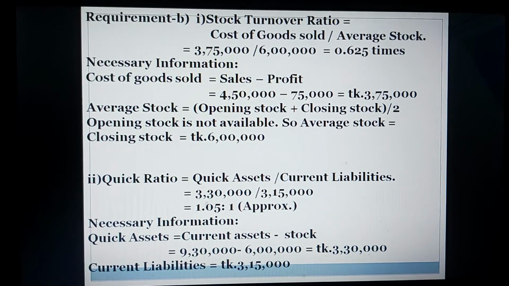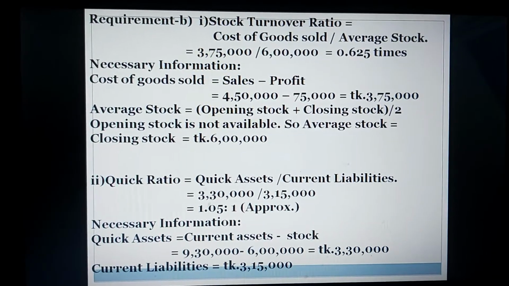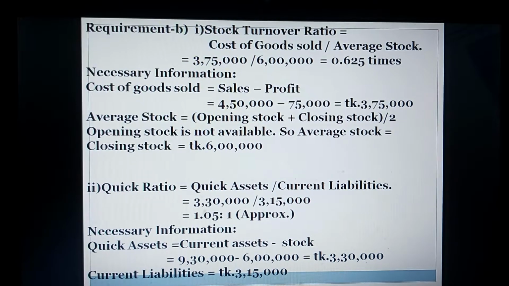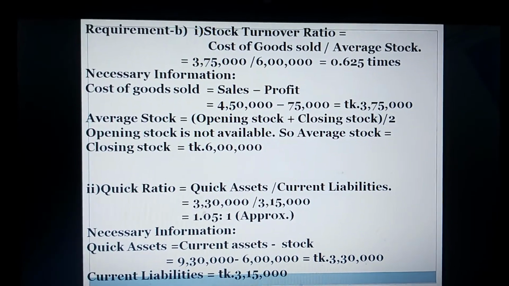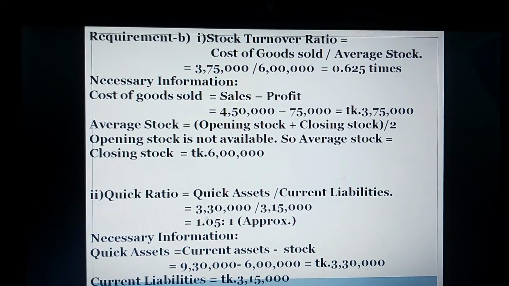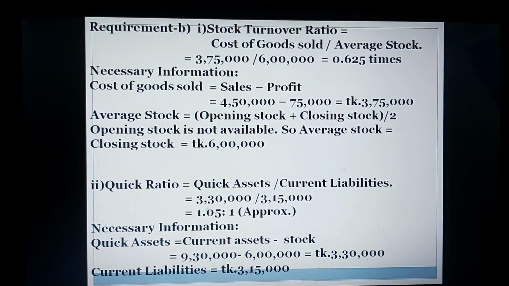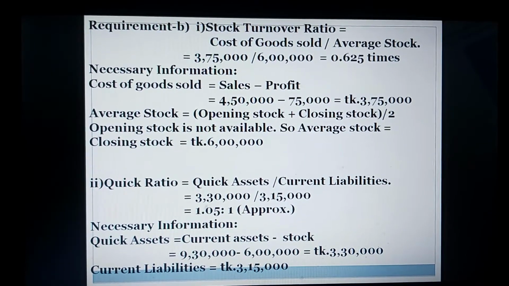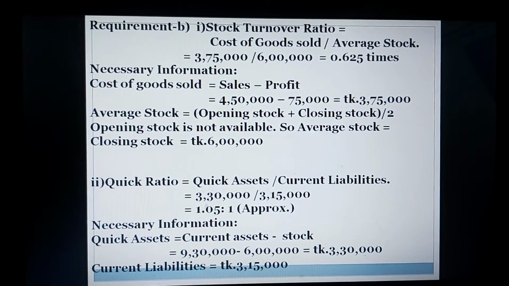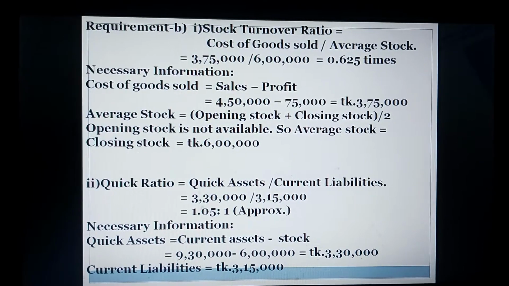In this math, the sales amount is available, 4,50,000, but profit is on total cost, that is 20%, and total cost is unavailable. So you have to calculate the profit amount on sales. You can calculate it as 4,50,000 into 20 by 120.